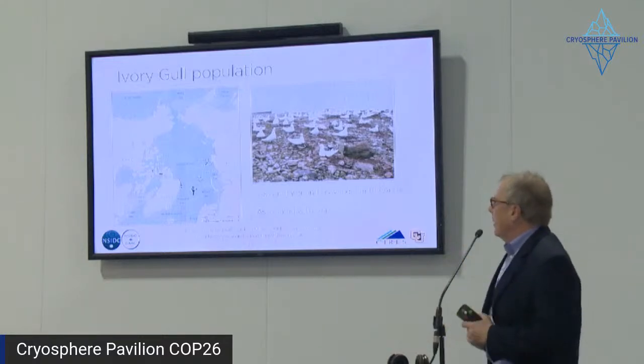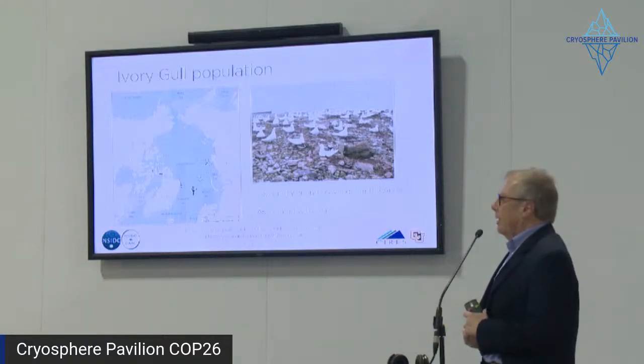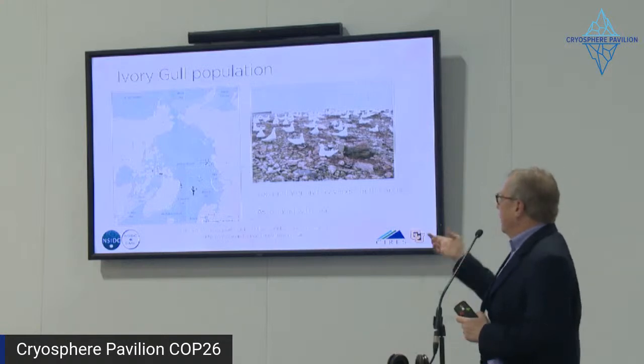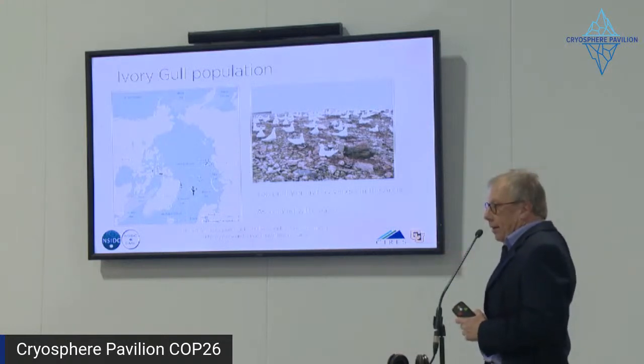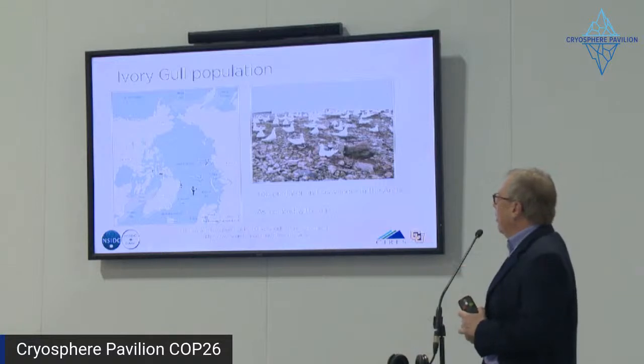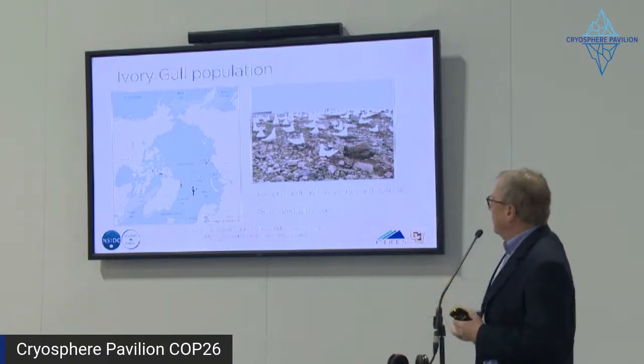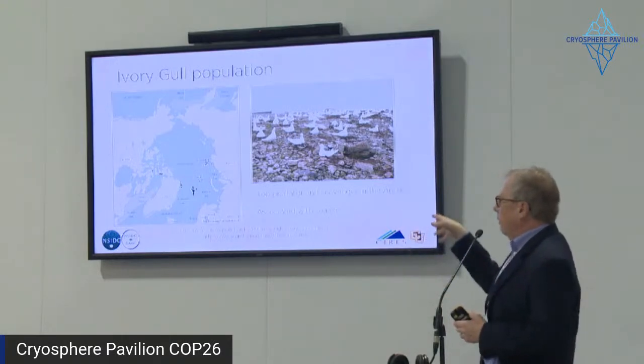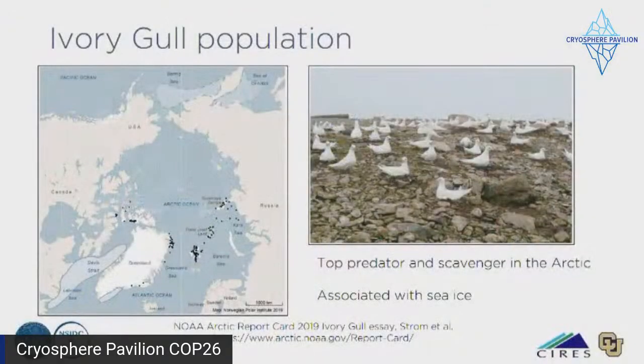Another one, just to finish up, to do something a little different than the polar bears. This was in the 2019 Arctic Report Card. The ivory gull population, and ivory gulls live right near the sea ice. You can see the dots there are their various habitats right within the sea ice covered areas or nearby.